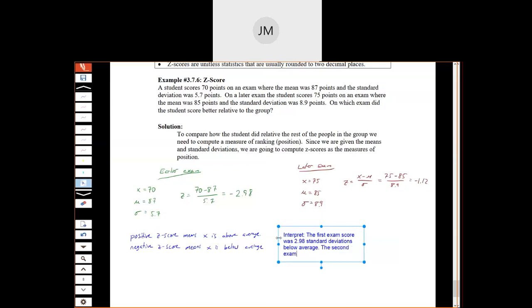The second exam was only 1.12 standard deviations below average. So because they're getting closer to the average score, the student did better on the second exam.